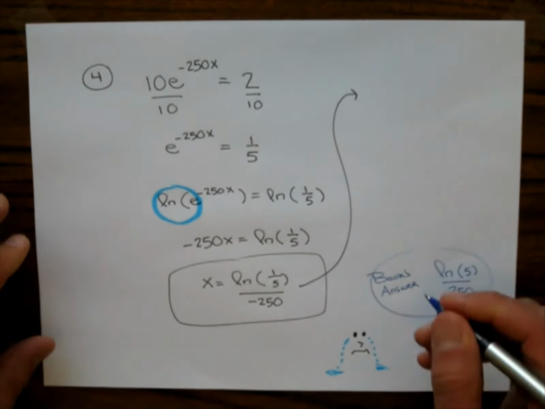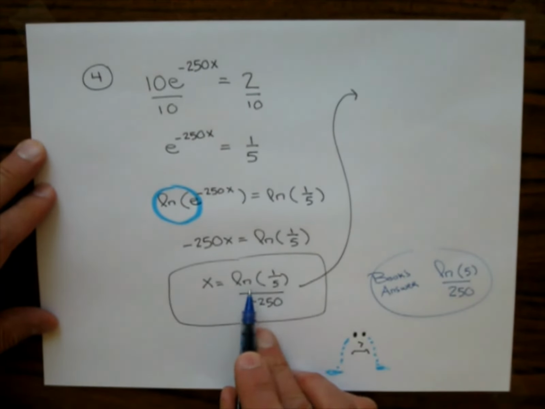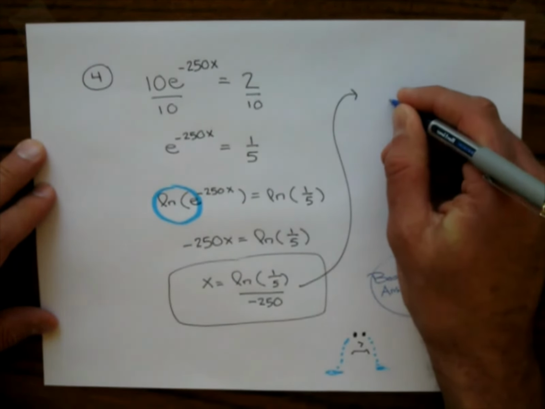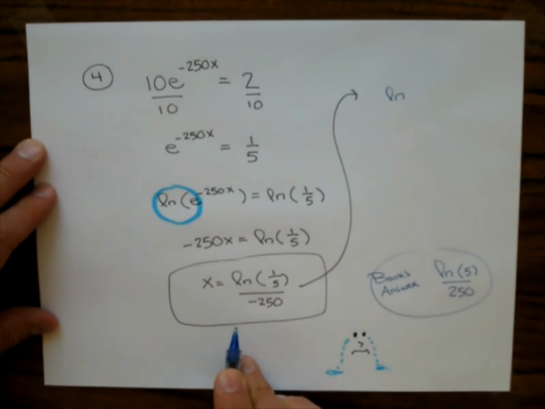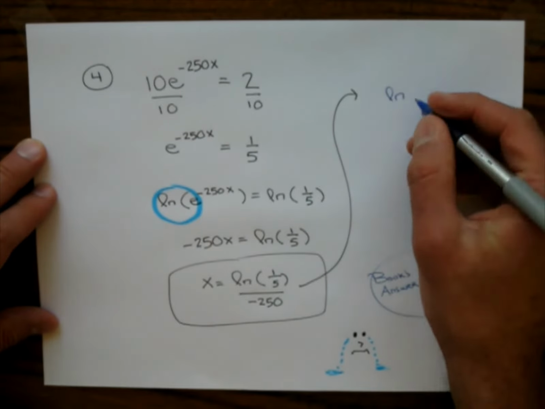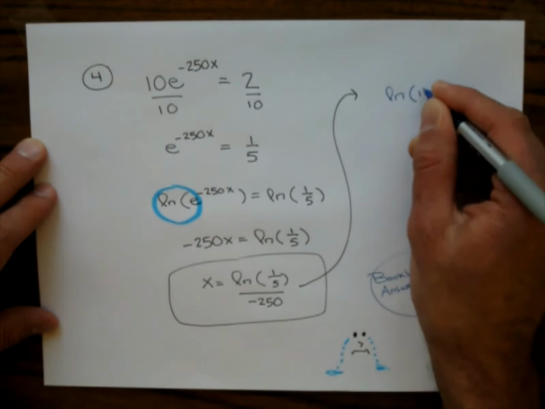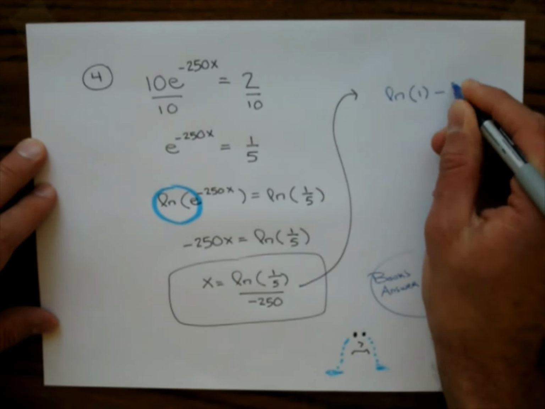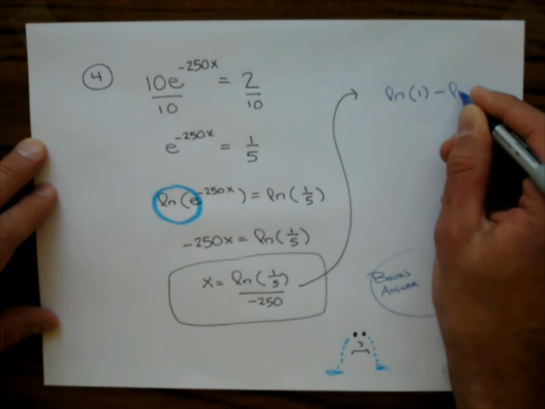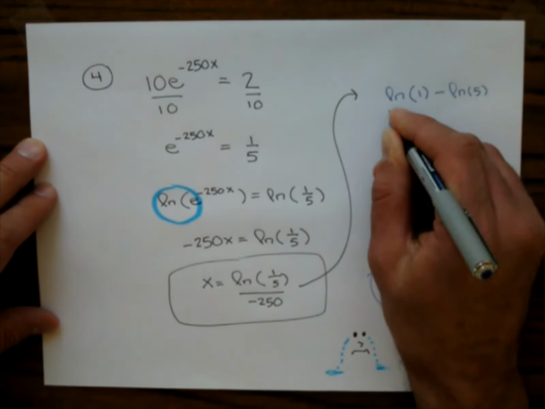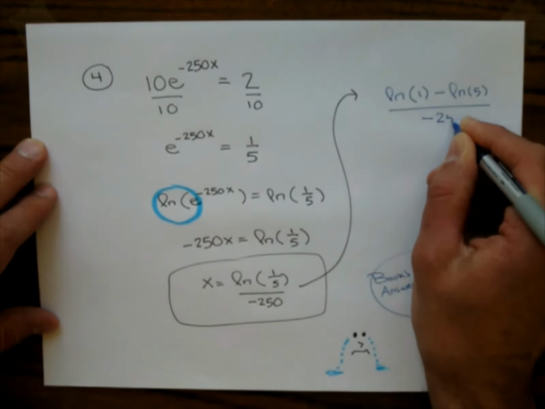Now I should probably do it in blue. On the top you have a quotient. This is a good answer, so keep it this way, but if you're trying to verify the book's answer, you could do this. The quotient rule tells me ln1 minus ln5, all over negative 250.